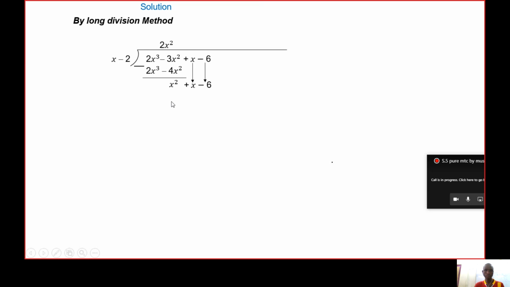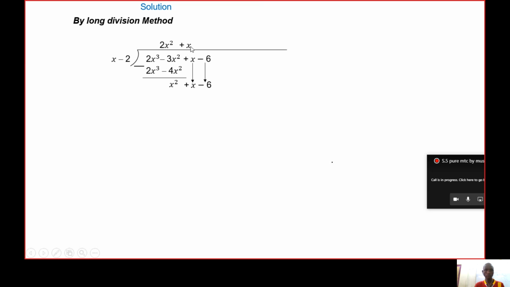Then after that, again ask your mind, what should I multiply this x by to get x squared? Again, we say, let us use positive x.